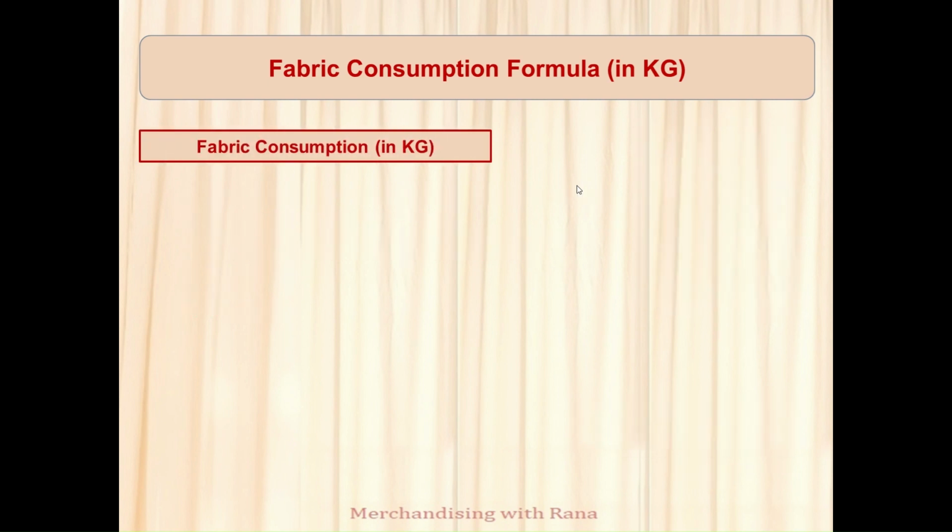So what is our formula actually? Let's see. First I will take length plus allowance in cm, multiplied by width plus allowance in cm, multiplied by GSM. GSM means grams per square meter. I need to find out the area of the part or body. Length multiplied by width will give me the area.